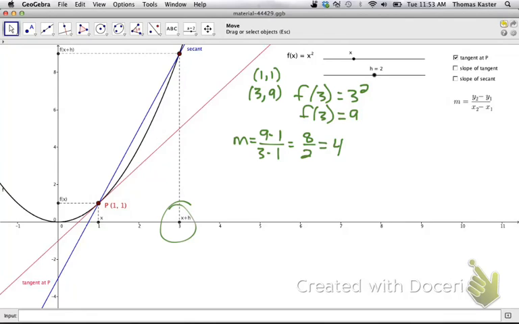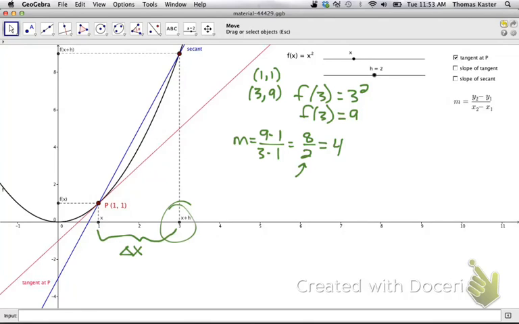But what we can see is this 2 right here is talking about the change in distance from our first point, (1, 1), to the x value of our second point at least, which is 3. So that talks about the change in x.